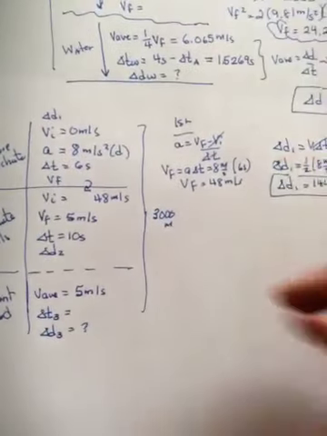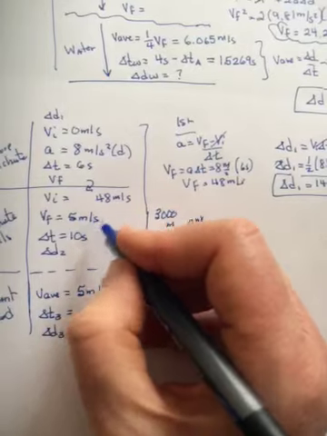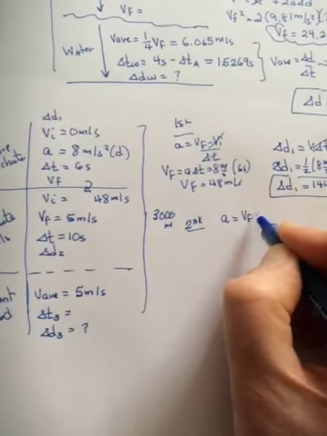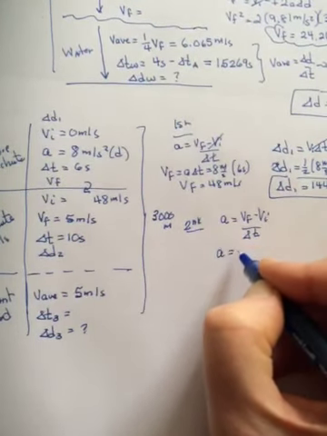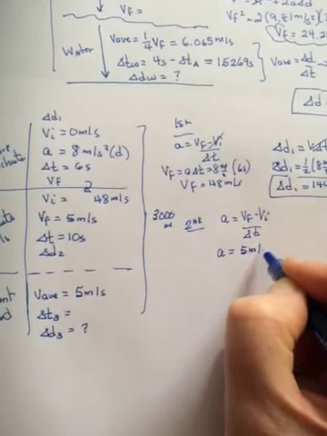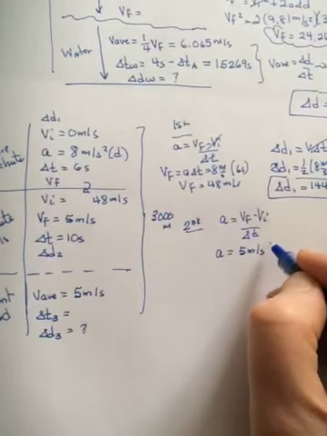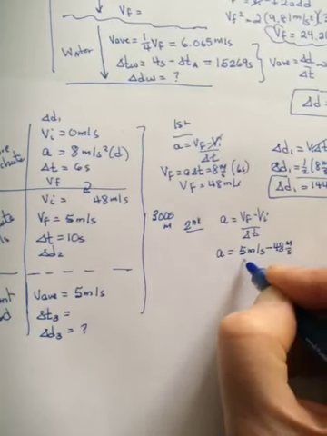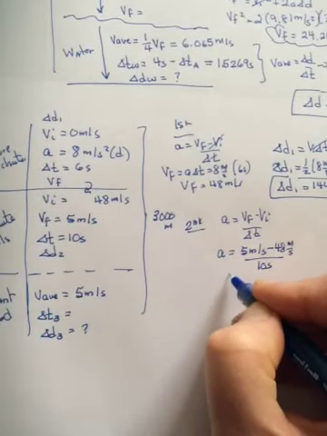So now we go to part 2. Here we can find our A now. A is equal to VF minus VI over delta T. So A is equal to 5 meters per second minus 48 meters per second divided by 10 seconds.